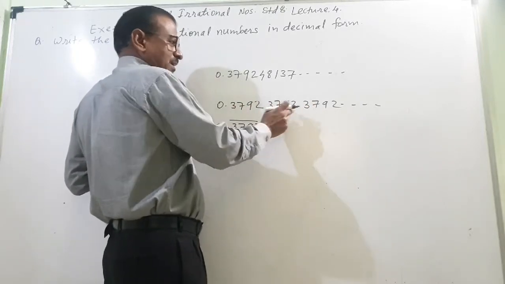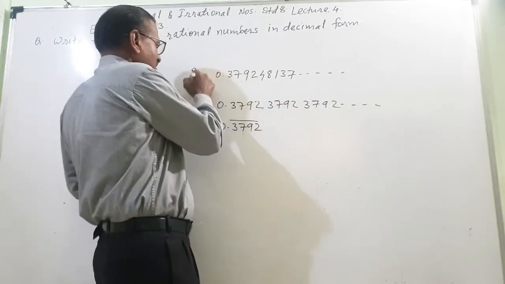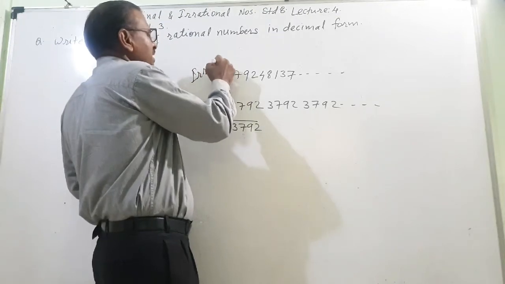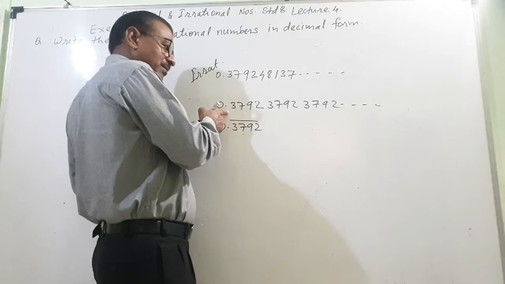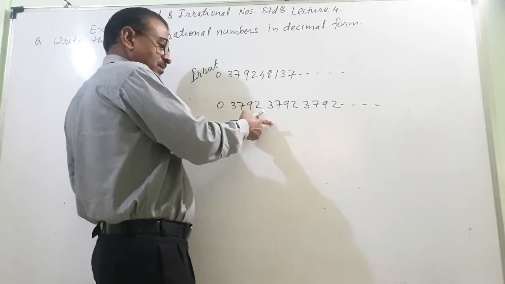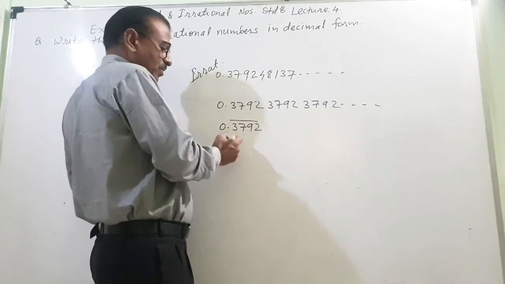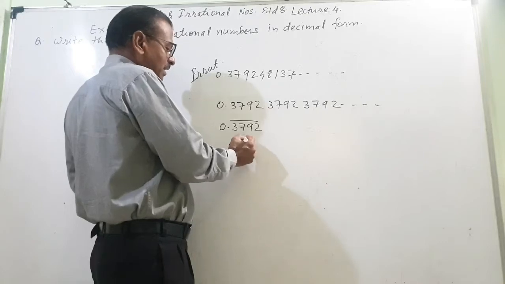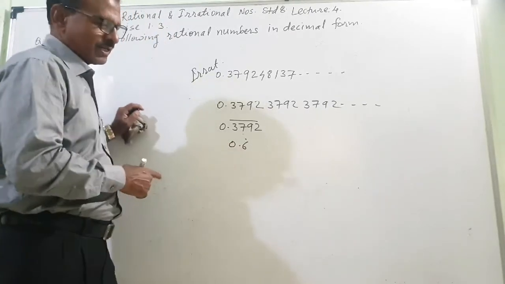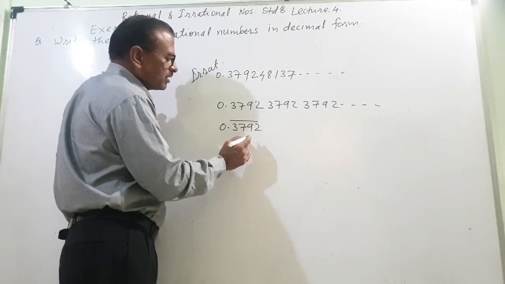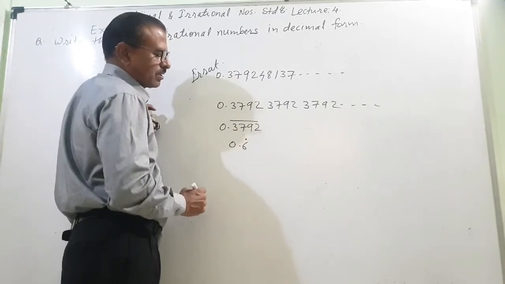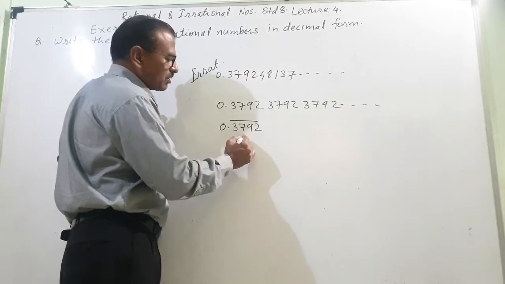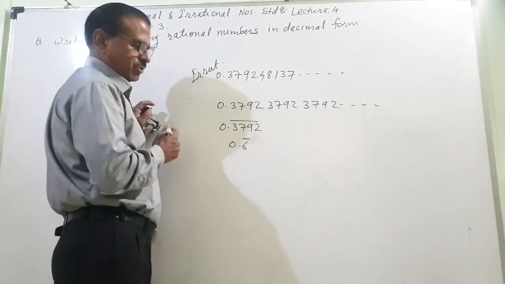So this is the rational number. This is irrational because it is not recurring. This is rational because it is recurring. This and this are the same: 0.6 recurring. Like this it is written. If a single number is there, instead of writing a bar, it is written just like this. If we write like this, no problem, it is also correct.